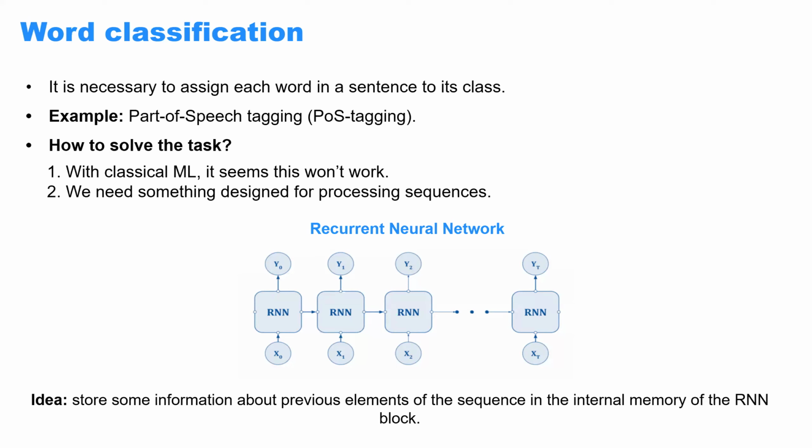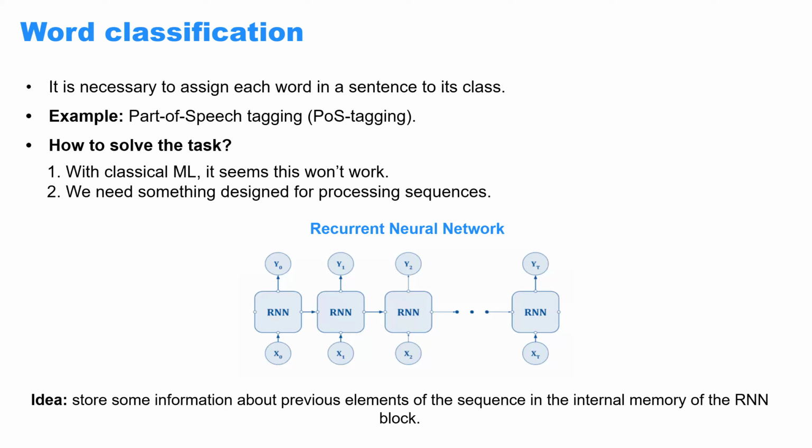So let's start with a very simple classification task, which is called word classification. An example of this task is part of speech tagging, when we want to define which word belongs to which part of speech. It can be solved with a recurrent neural network. Compared to a feed-forward network, it's an advanced block, but not much more difficult.